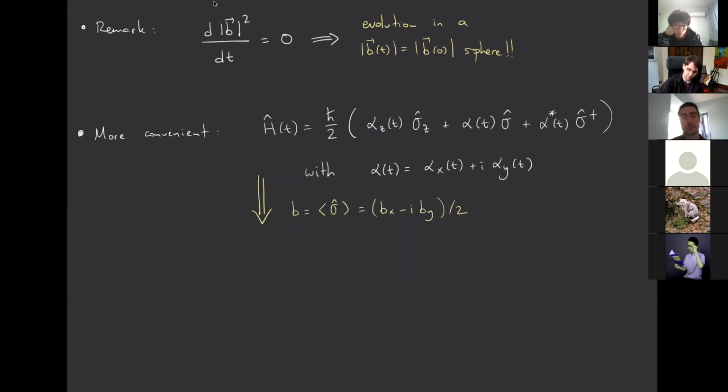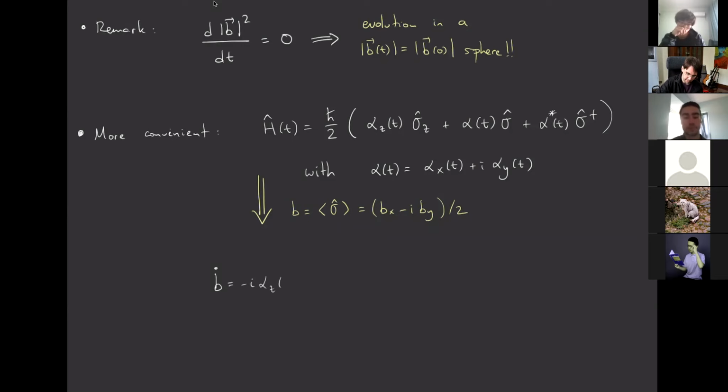So this variable here, instead of bx and by, this complex variable, this is similar to what we did for the harmonic oscillator, that instead of position and momentum, we use a complex variable related to the annihilation operator. So here is something similar. So in terms of this complex variable, actually the Bloch equations look very simple, or at least very nice.